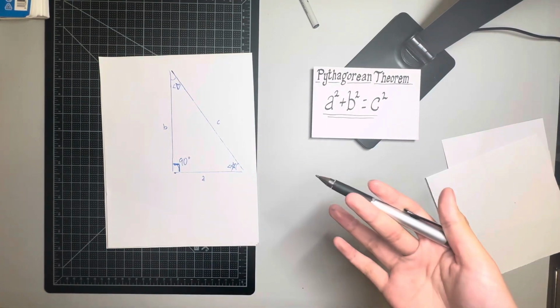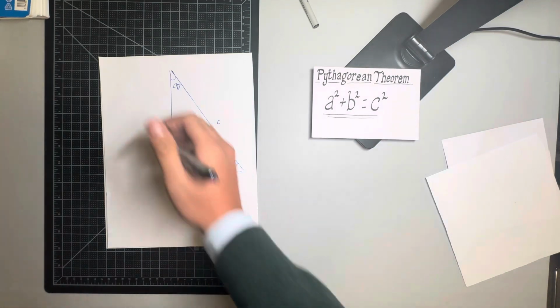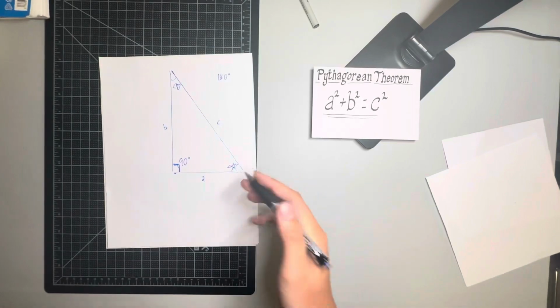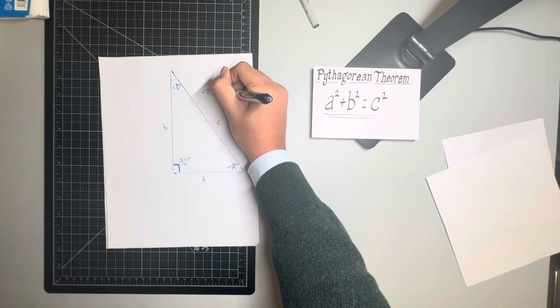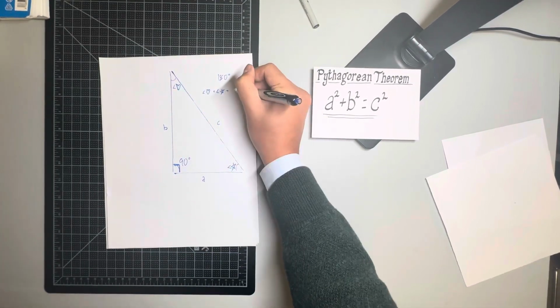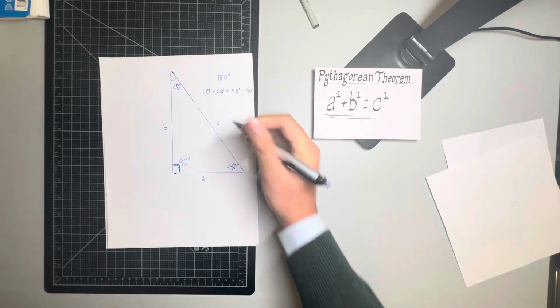Now, what is the rule with all angles in a triangle? They all equal 180 degrees. All right, so that would mean angle heart plus angle star plus 90 degrees equals 180 degrees.